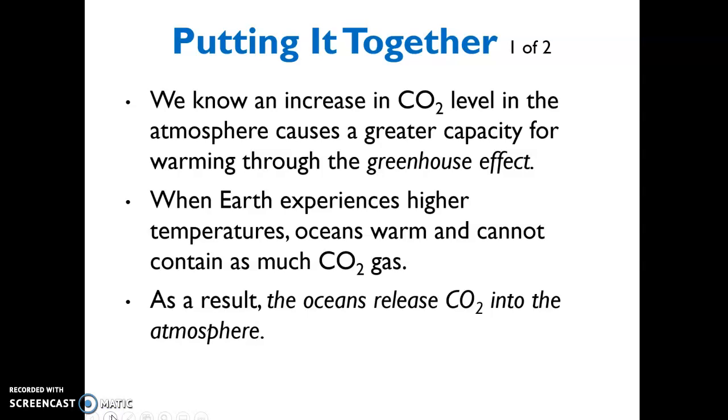So let's put together a few things. We know it's a fact that an increase in CO2 levels in the atmosphere causes a greater capacity for warming through the greenhouse effect.